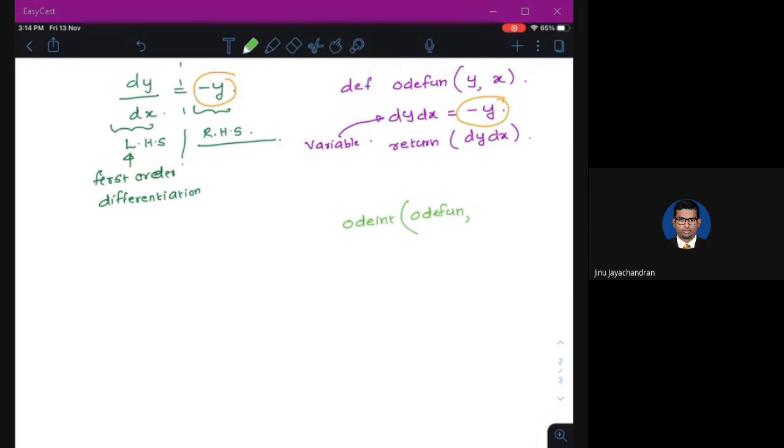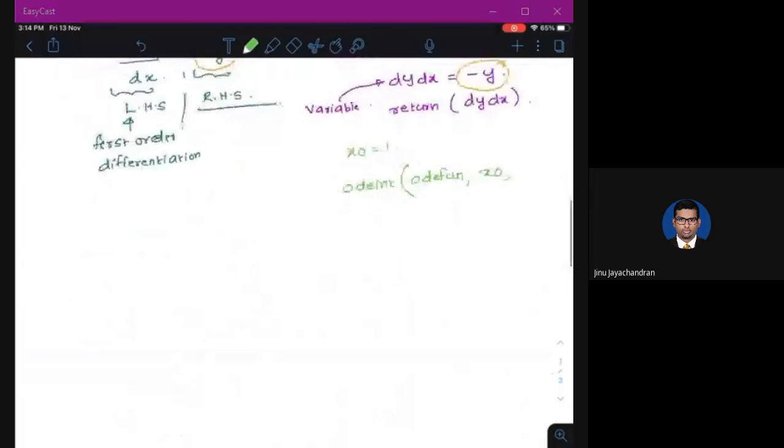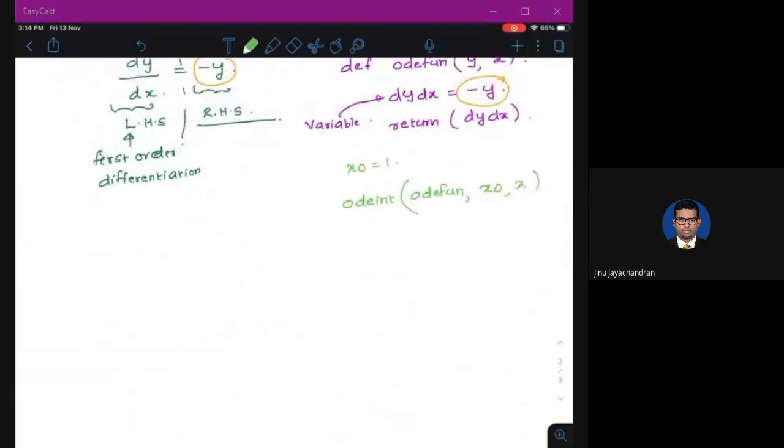Next is your initial condition x0. So you might declare x0 is equal to 1, something like that, before calling this function. And the next one is your independent variable x. Now, once this function gives you a result, it will be stored in, let's say, z.